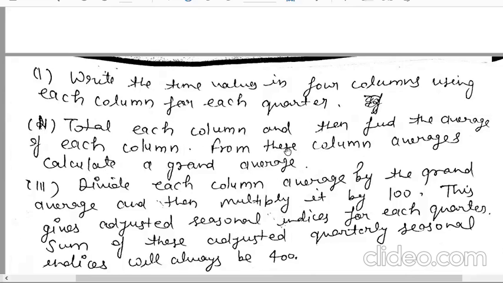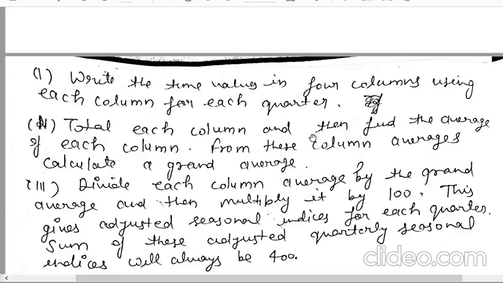Means total each column and then find the average of each column. So for the first column find the average, for the second column find the average. Grand means the total: first column plus second column plus third column plus fourth column, right? Now third point: divide each column average by the grand average.